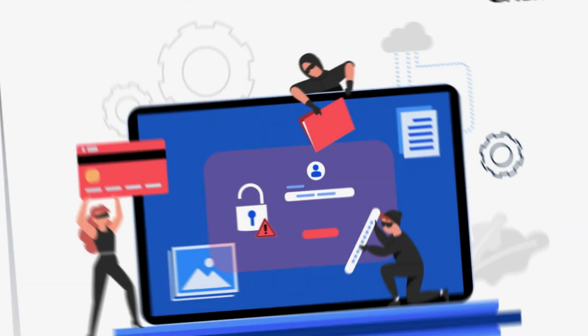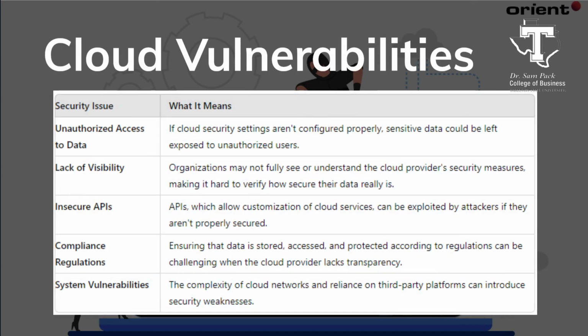When working with cloud computing, several security issues can arise. Unauthorized access to data. Poor cloud security configurations can leave data exposed, leading to unauthorized access. Lack of visibility. Organizations often struggle with limited visibility into their cloud provider's security mechanisms, making it hard to verify if security controls are effective. Insecure APIs.